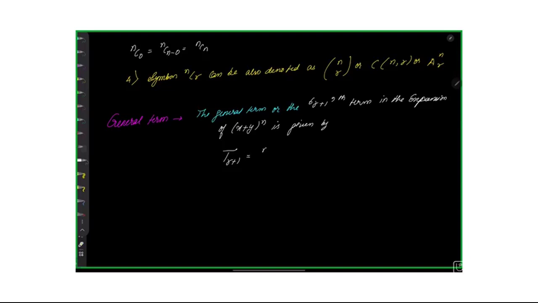T(r+1) equals nCr x to the power n minus r y to the power r, right?